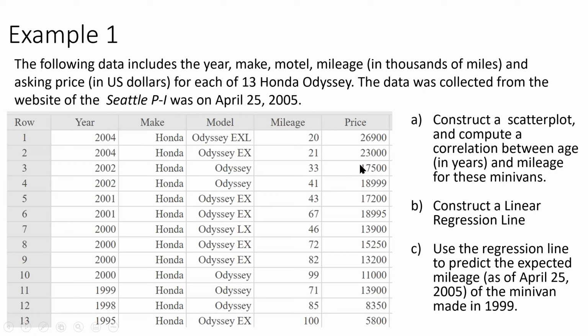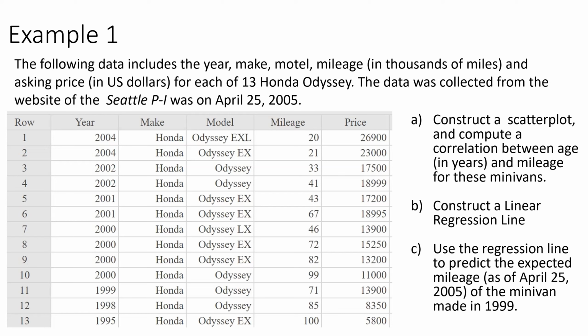Age includes both of those variables, right? So what do they want us to do? Let's read question A. It says construct a scatter plot and compute a correlation between age and mileage for these minivans. So they want the association between the age and the mileage.